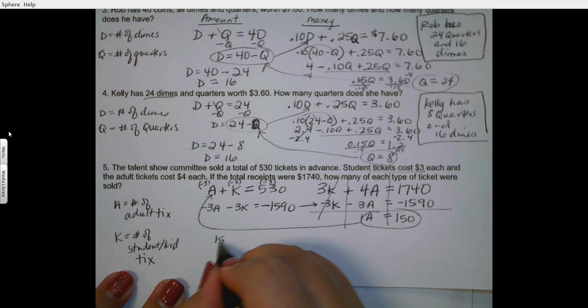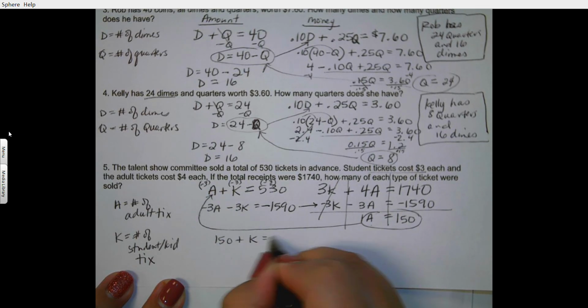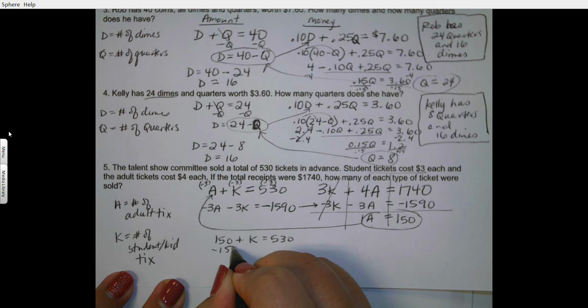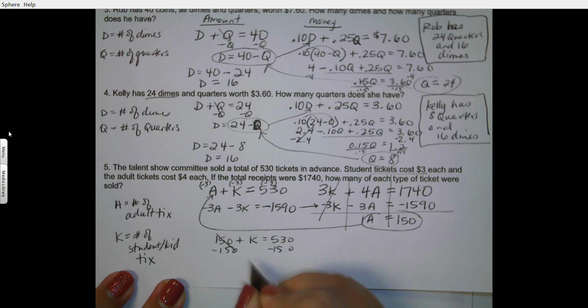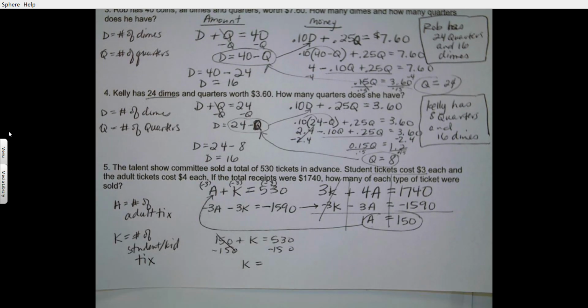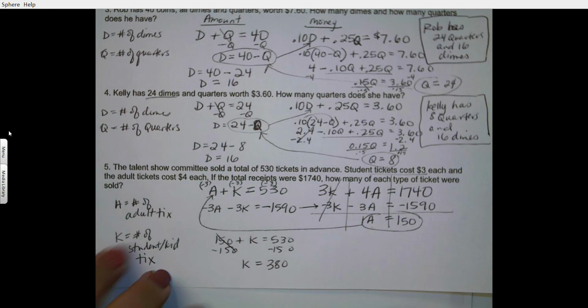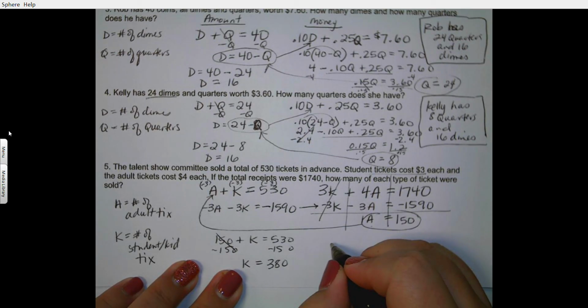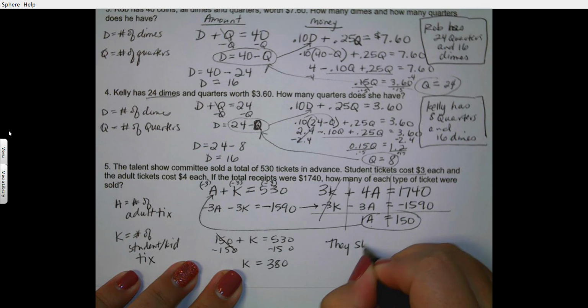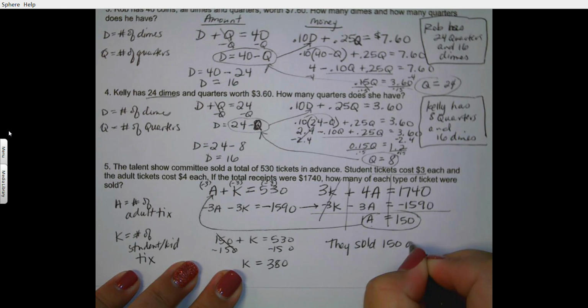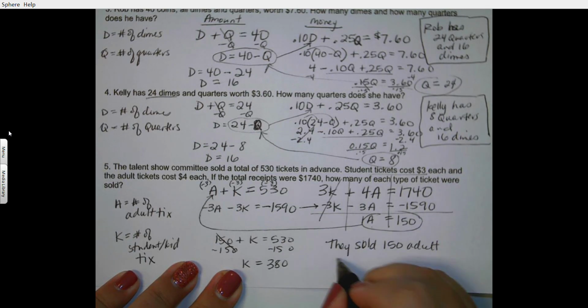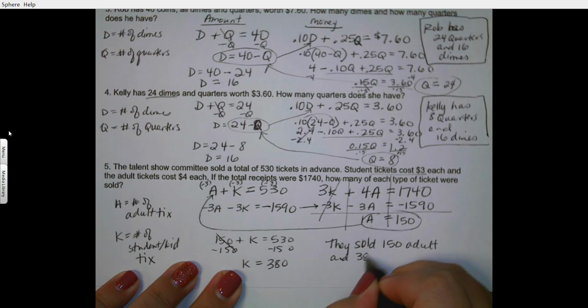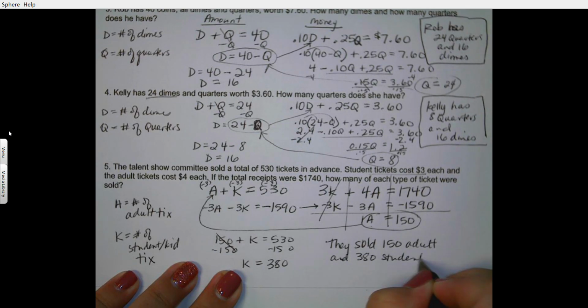So I have 150 plus K is equal to 530. Subtract 150, and K is equal to 530 minus 150, 380. Actually answering the question, we're going to just say they sold 150 adult and 380 student tickets.